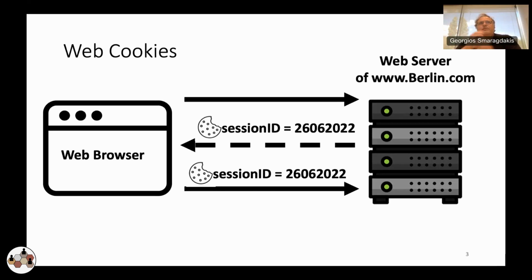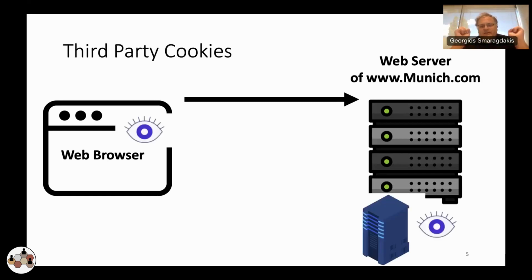Typically, when you visit a news website, for example CNN.com, you may end up having to contact hundreds or even thousands of servers, right? In this case, it is not the web server that you initially visited, but another server that we call a third-party server.